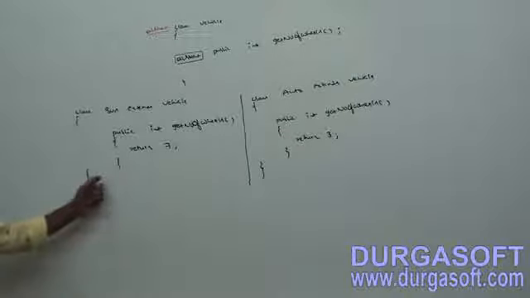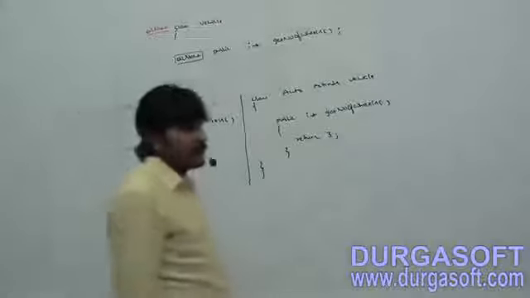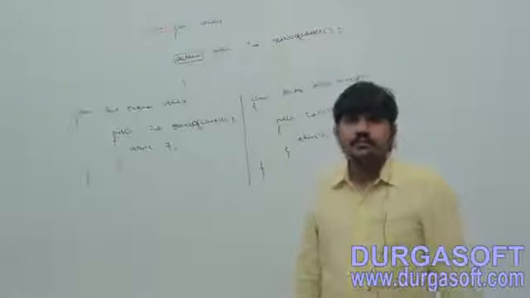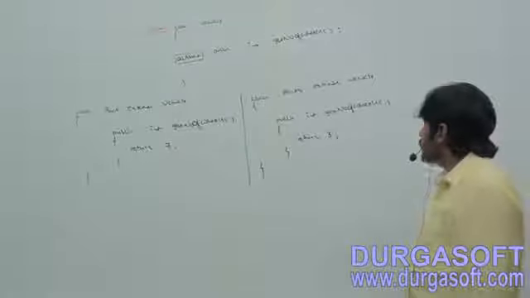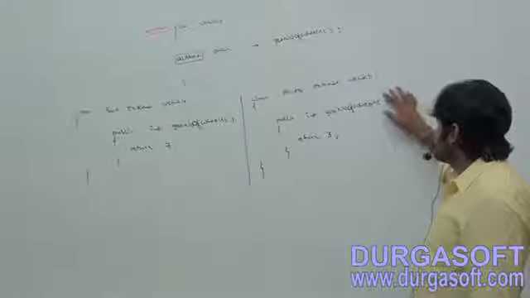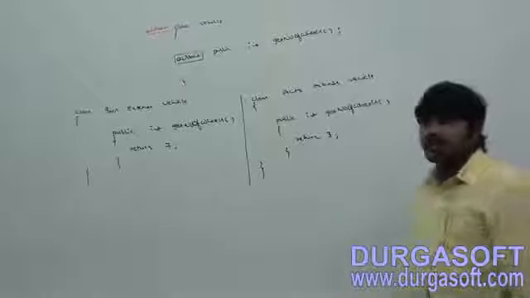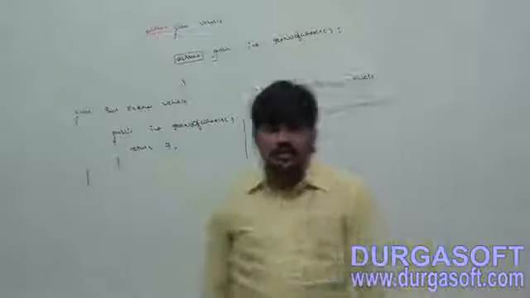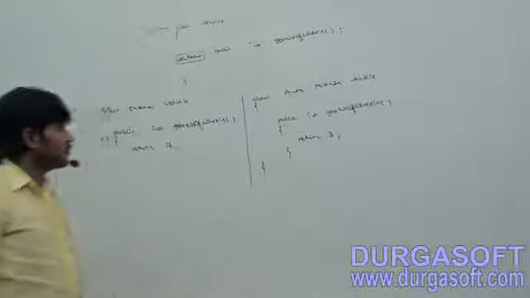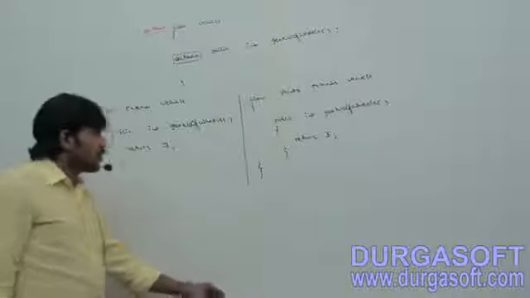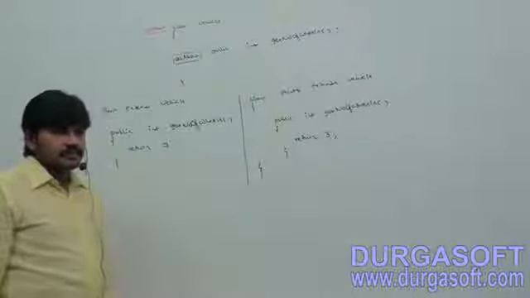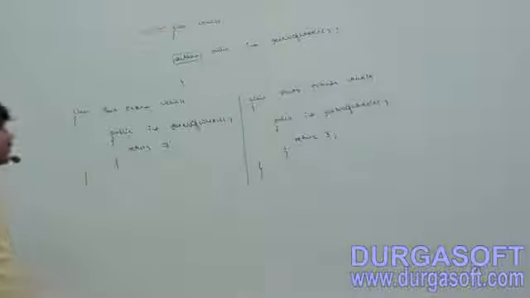Are you able to understand, right? Next, class Auto extends Vehicle: public int getNumberOfWheels, return 3.